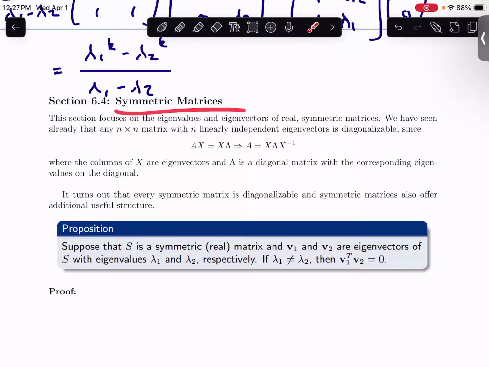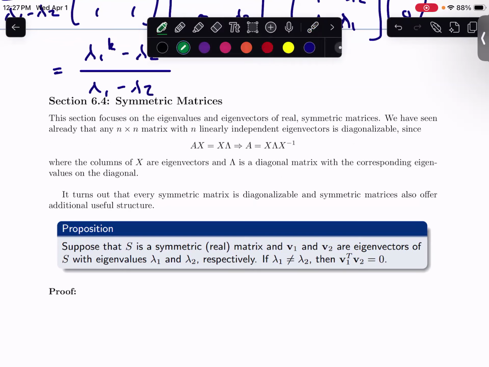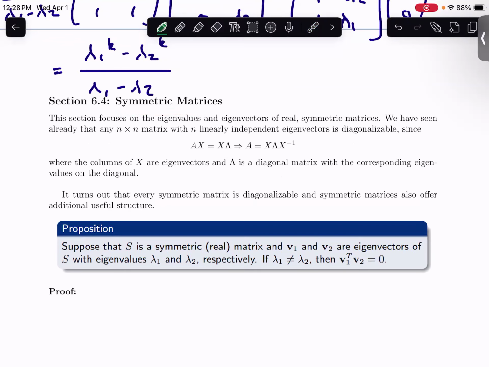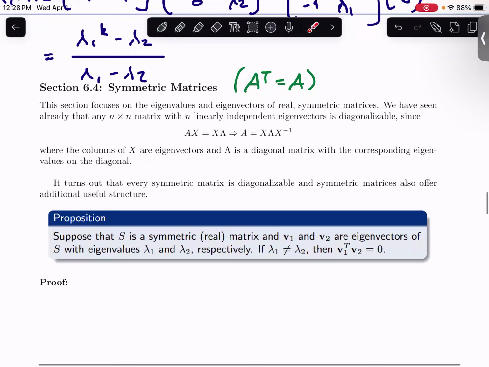So symmetric matrices are a really nice class of matrices. This is something you should know, but just as a reminder, a symmetric matrix is one where A transpose is equal to A. That's the nice thing about symmetric matrices, and we'll make use of this property a couple of times. We're going to be able to make a number of nice conclusions about symmetric matrices that have real entries.